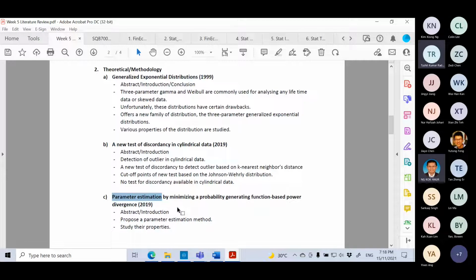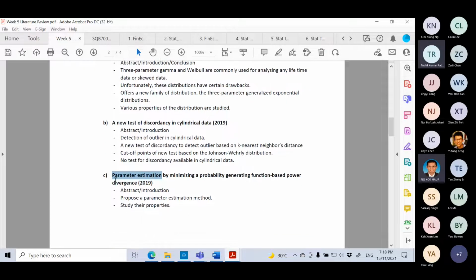For example, most research will use maximum likelihood or Bayesian techniques. In this paper, the authors propose a different estimation method by minimizing the probability generating function based power divergence. So this is the technique they use: they minimize the probability generating function.